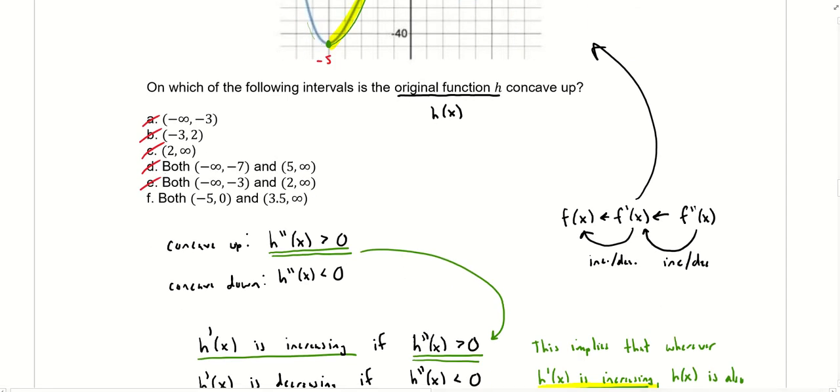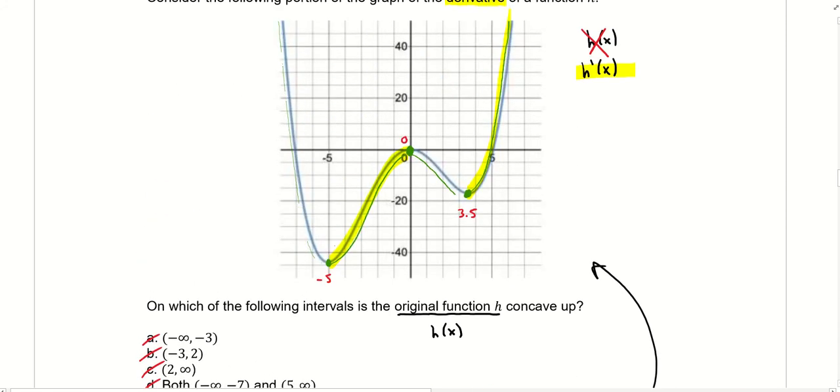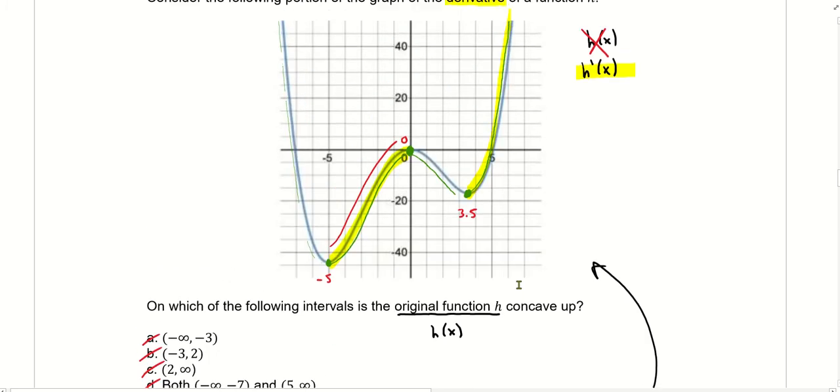So it looks like we're left with f. Let's just check and see if f is actually what we highlighted. So -5 to 0. That's exactly what we highlighted here, so that works. And 3.5 to infinity, so that's what we highlighted here. So that does look like it's the correct option.